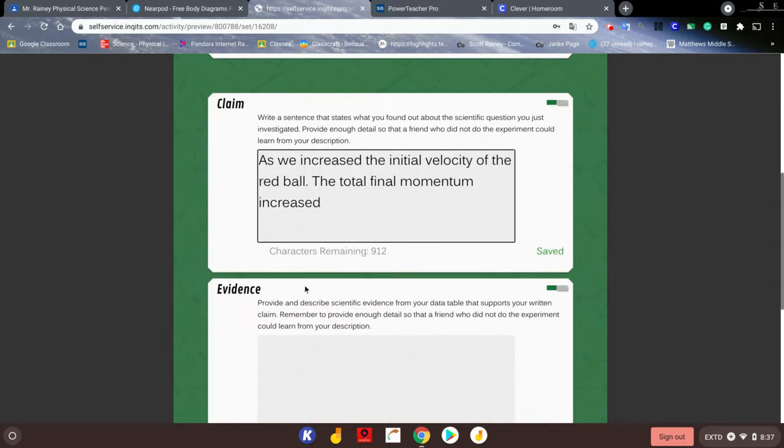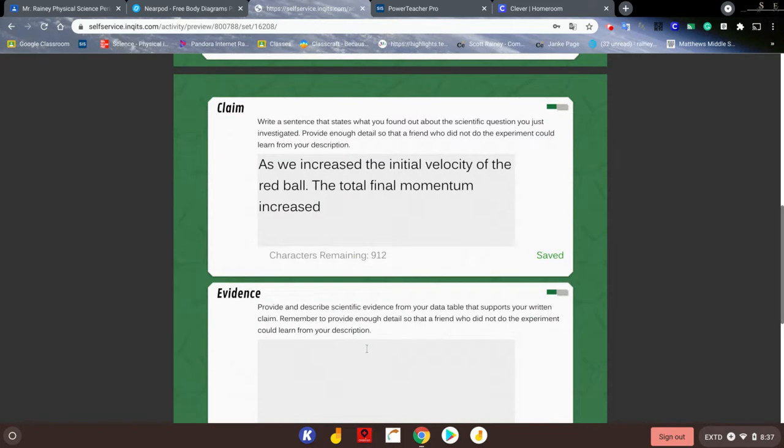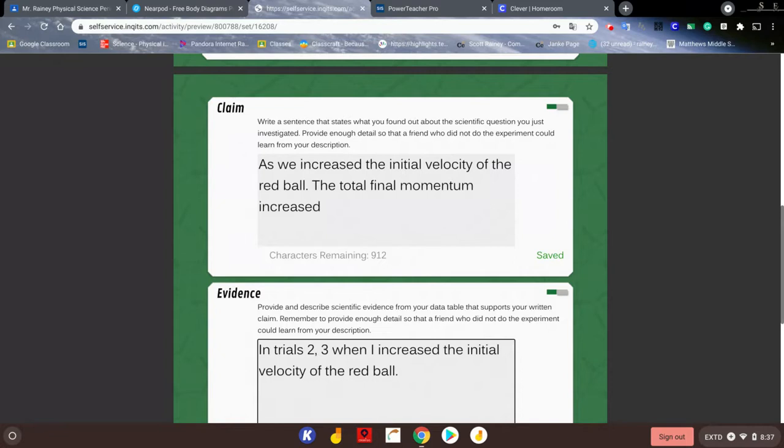Okay, we can see if we show our data that in trials 2 and 3, when I increased the initial velocity of the red ball, the total final momentum did increase.